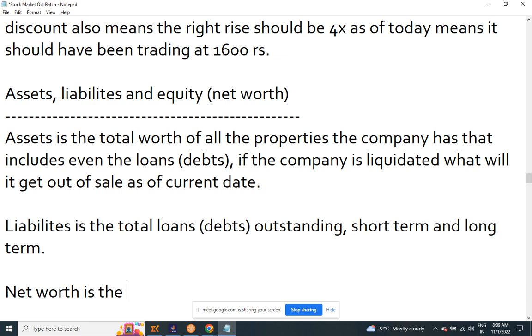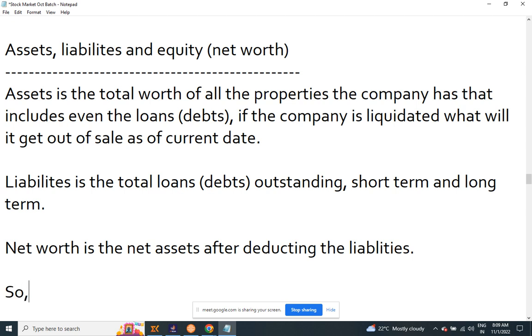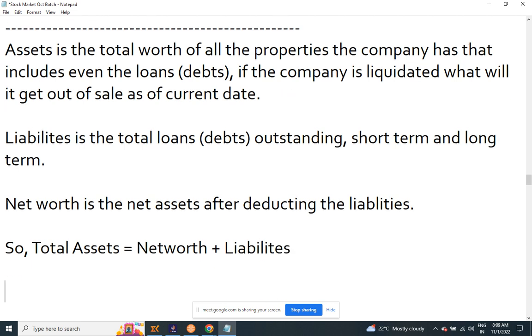Net worth is the net properties, the net assets after that. So how is the equation? Total assets is equal to net worth plus liabilities.